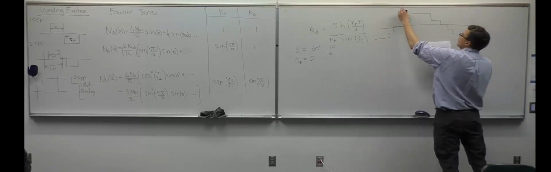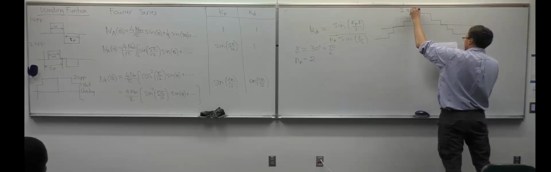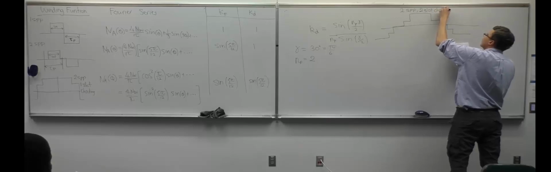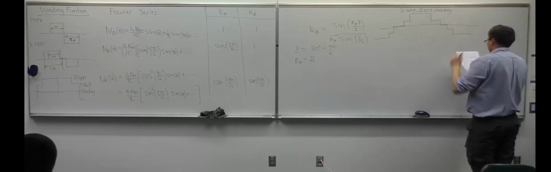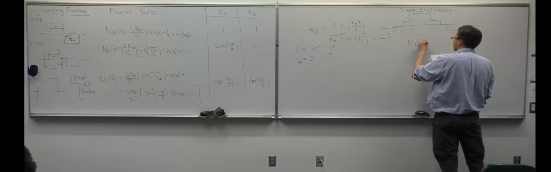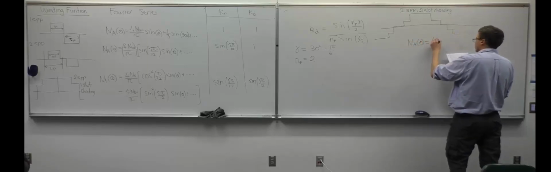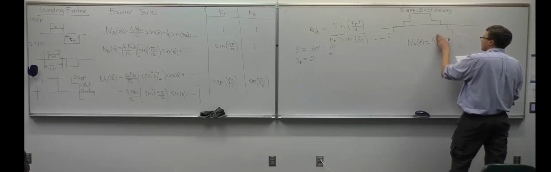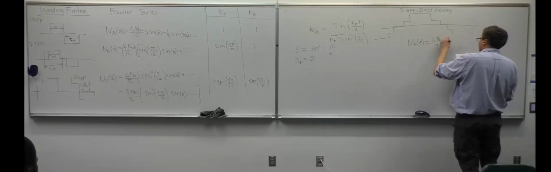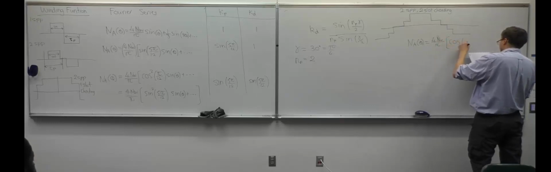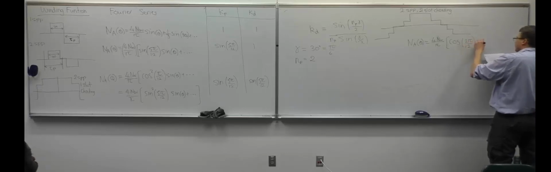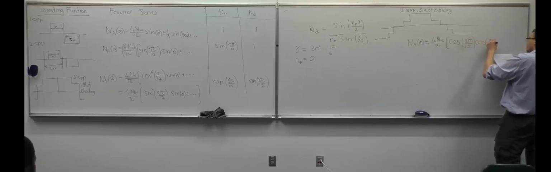We derived that the winding function was given by this here, which had the cosine terms in it.